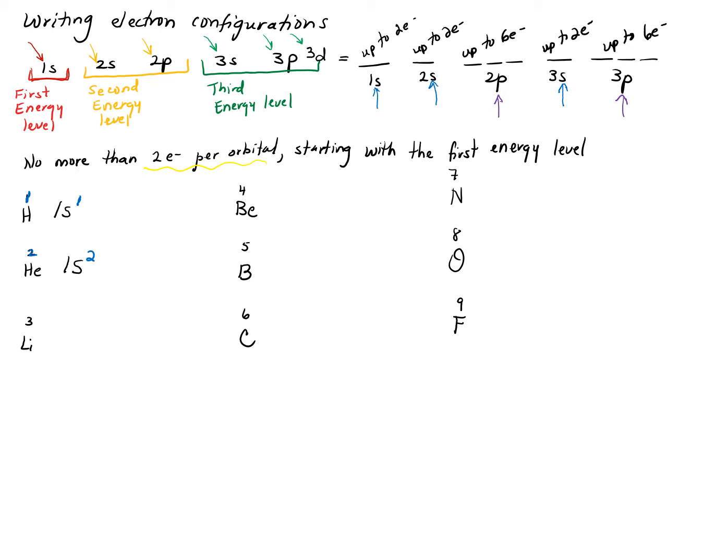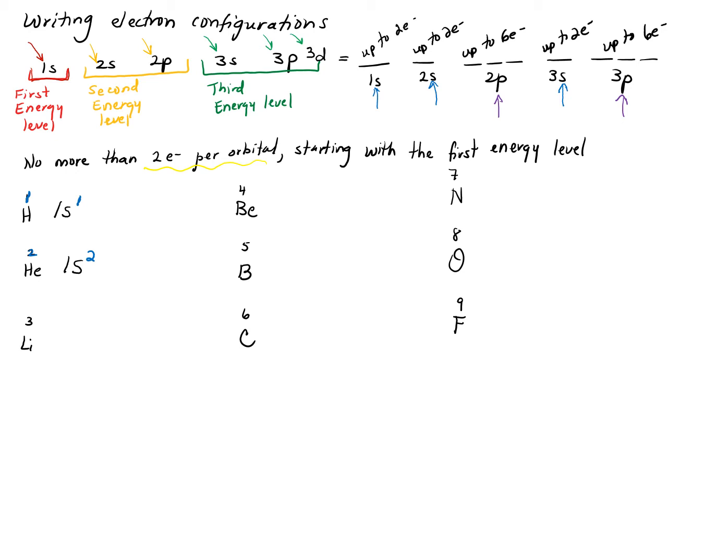Now, if the s orbital can accommodate up to 2 electrons, when we move to lithium, right? Lithium has 3 electrons, so you cannot write down 1s3 because in that s orbital you can have up to 2 electrons.